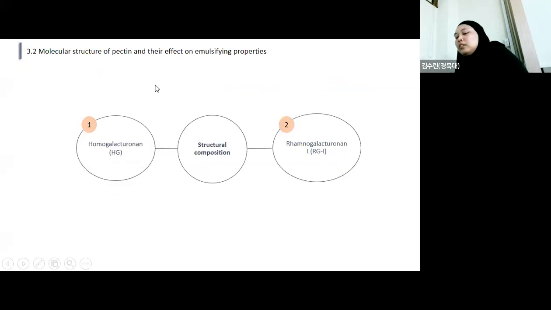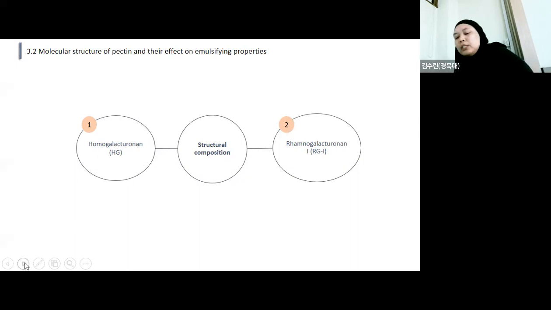And then the next part is the structural composition of pectin and its impact on emulsifying properties. Here I divide it into two. Actually, pectin has three types. First is homogalacturonan, second is rhamnogalacturonan 1, and third is rhamnogalacturonan 2. But there is no study on rhamnogalacturonan 2 in impacting emulsifying properties, so I removed it from my slide here.